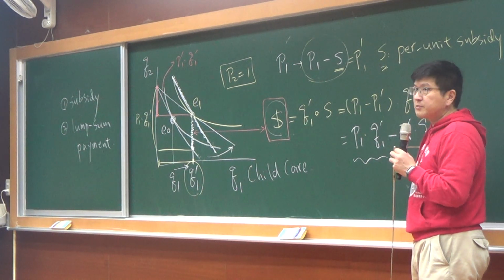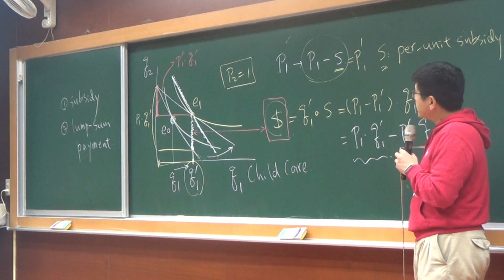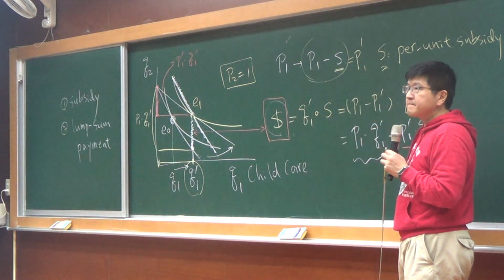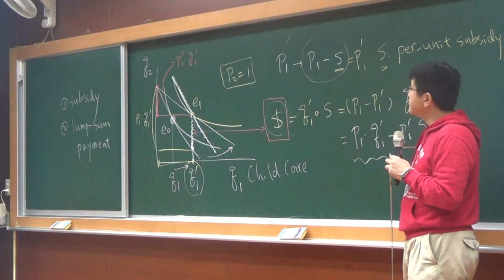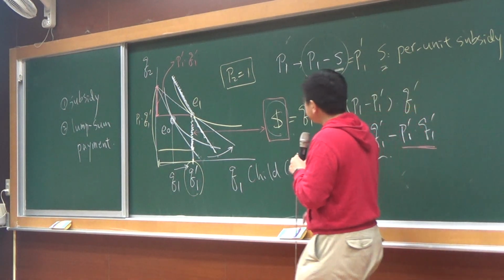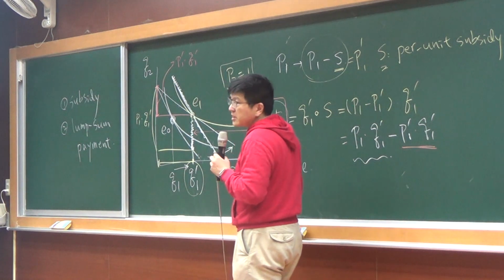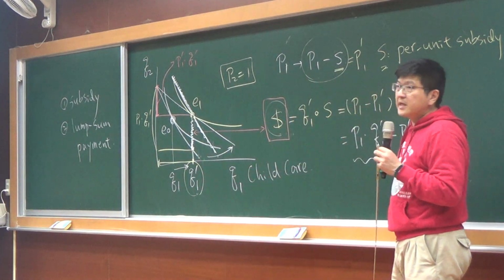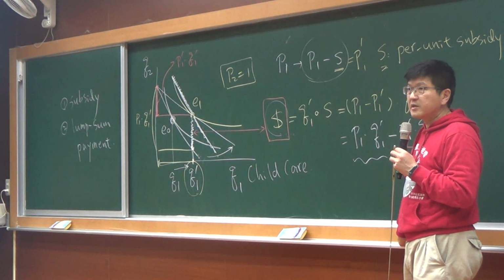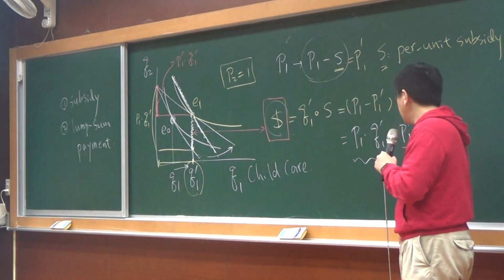If you are the consumer, which one do you prefer? Subsidy or lump sum payment? If you choose subsidy, the yellow indifference curve would be the highest level of utility you may achieve.